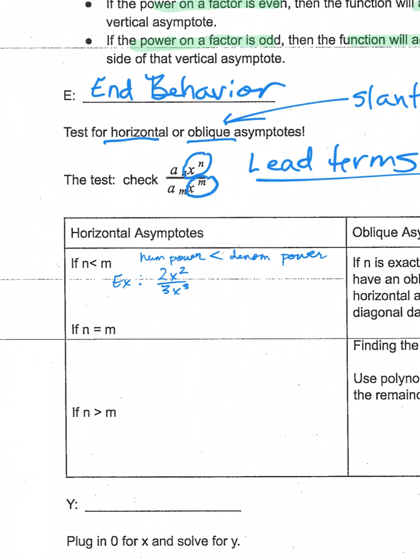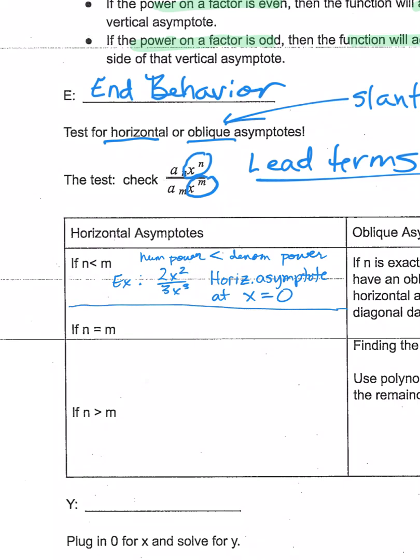If n is less than m, we have a horizontal asymptote. And it is at x equals 0. Think about why it would be at x equals 0.